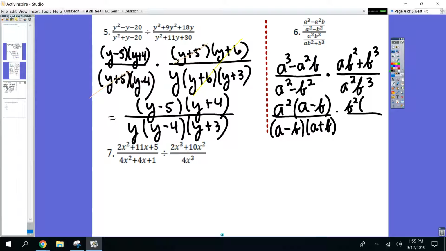Yep, and be left with... And there's nothing you can do on the bottom.